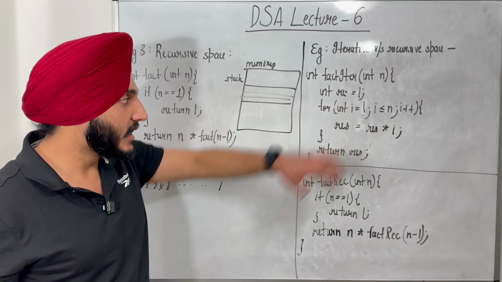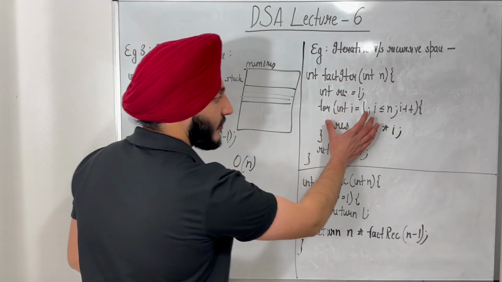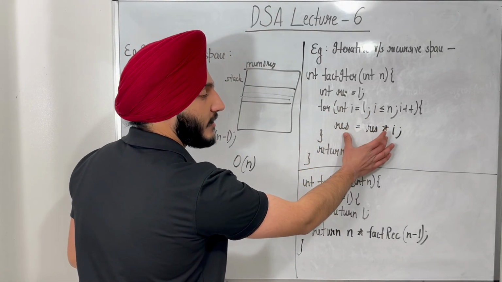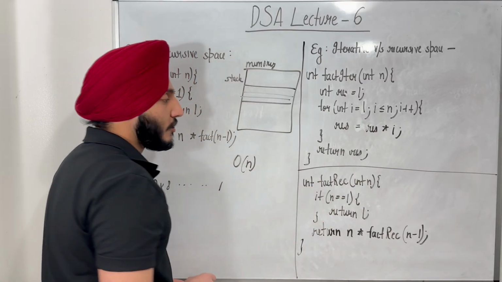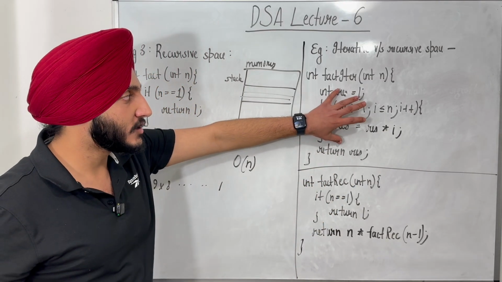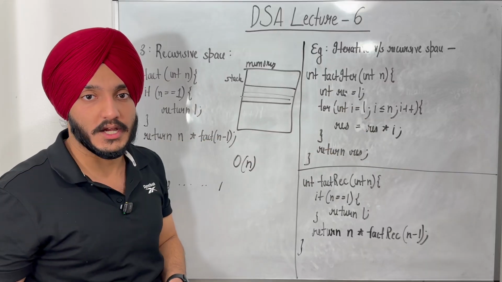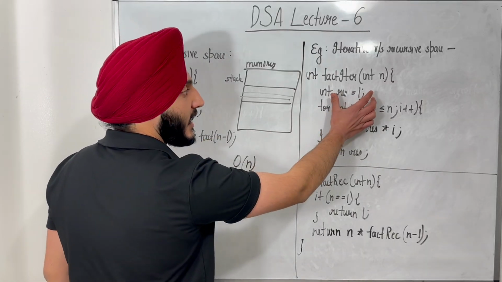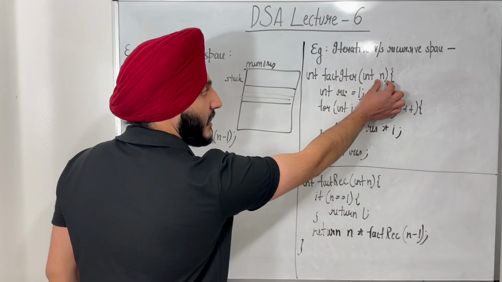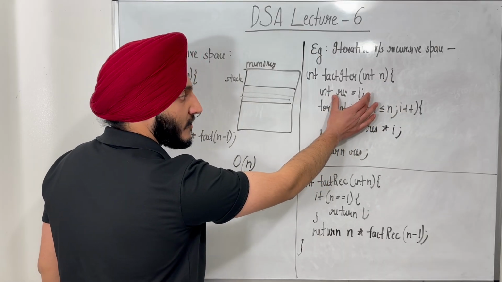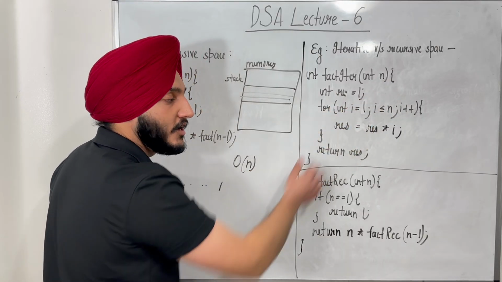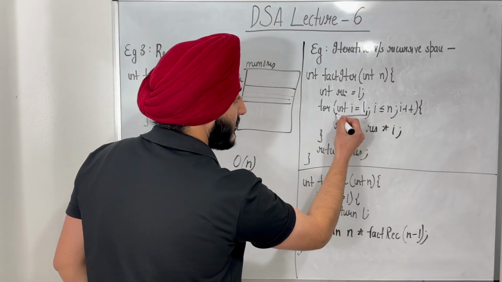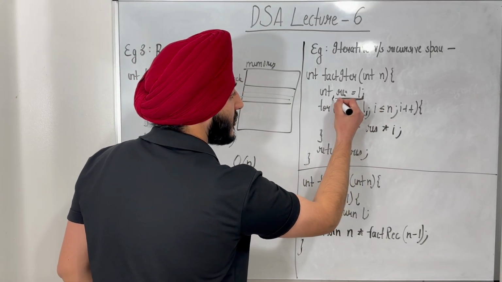But what's happening is that in this one, we have created a for loop to calculate the factorial. So the amount of space this one is taking is just going to be constant. Why? I'm not really creating any memory which depends on n. I've created this variable result, and I've created this integer i equal 1. These are the two memory allocations I've done.